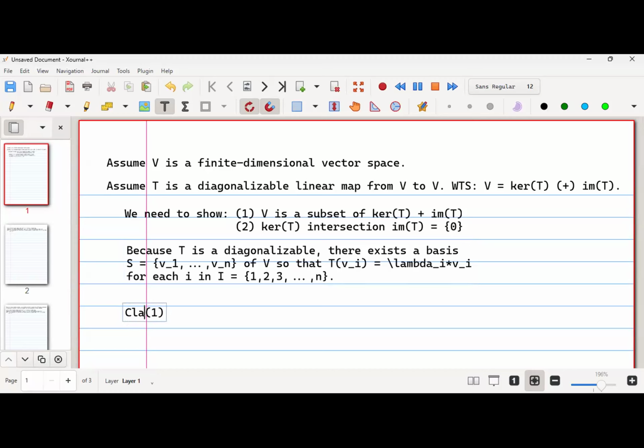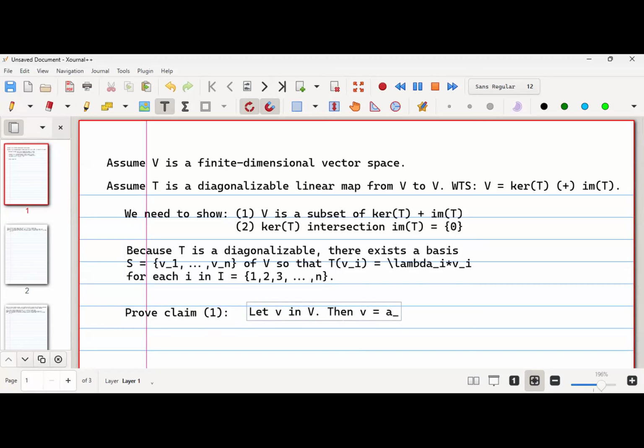Let's try to prove claim 1, right? So as always, you take an arbitrary vector in V, in the vector space. As now we have a basis of V, we can write it as a linear combination.